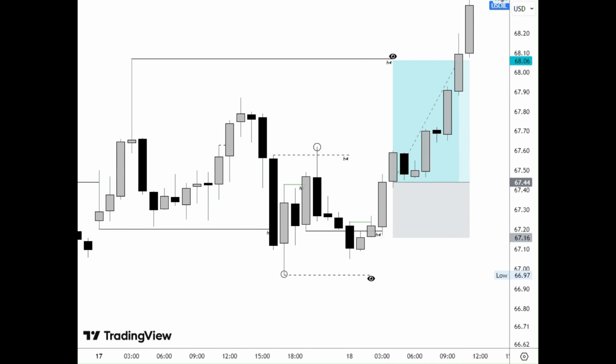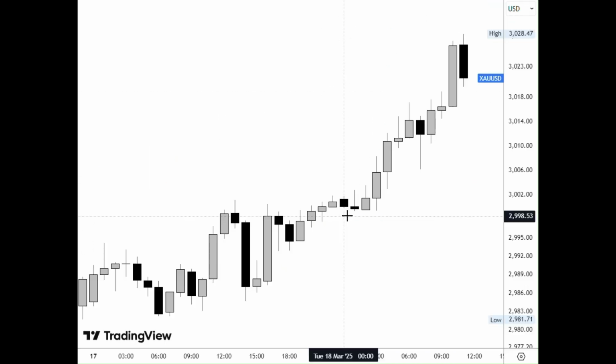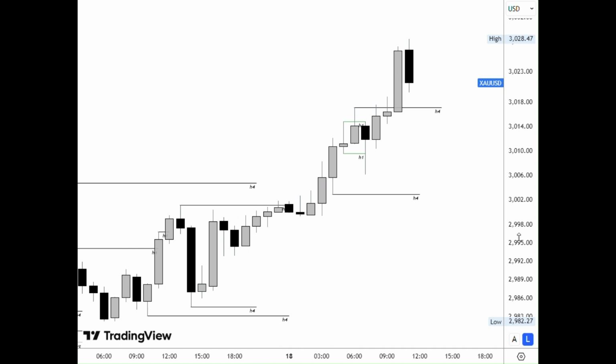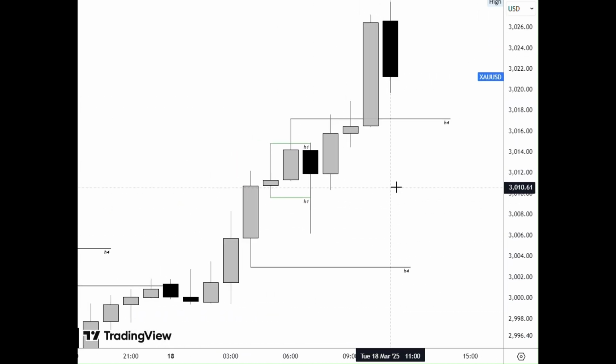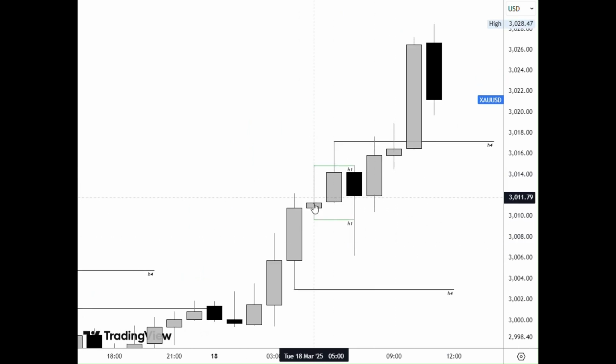And then if I go to gold, I also caught an entry on gold. I caught an entry right about here at this opening of this candlestick, mainly because my range was from this candlestick. As you can see, we swept the high of this candlestick and then closed back inside, which is a seek and destroy profile, which means we're looking for the low of this candlestick to be taken out, and price reversed, took out the low and closed back inside, right?